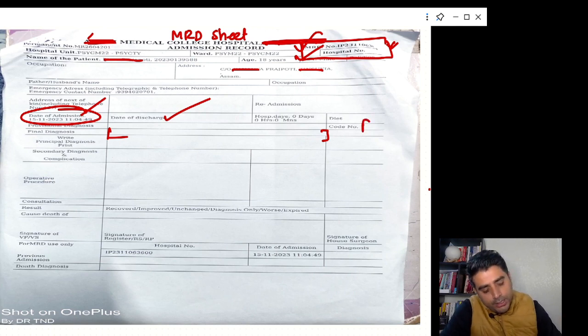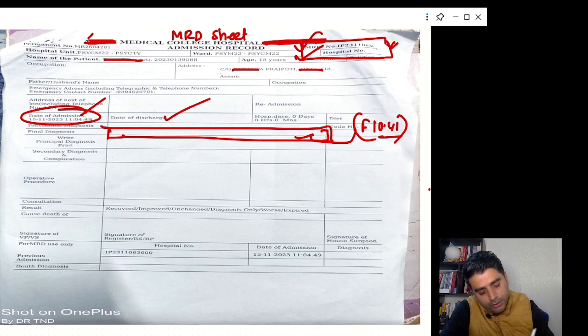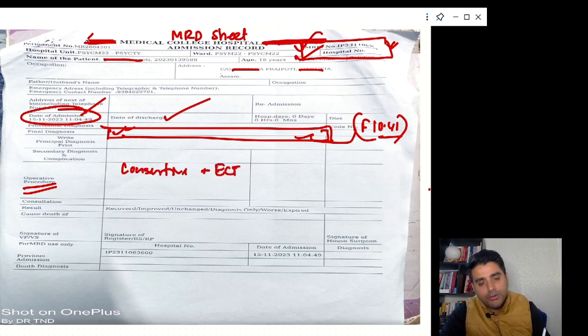And you need to write the code here, whatever the code, F10.414, whatever it is, and according to this code you need to write all the details, meaning the full diagnosis of the patient. Then operative procedure: you usually don't do any operative procedure, we go for the conservative, or preferably, if it is necessary, then you can do ECT.